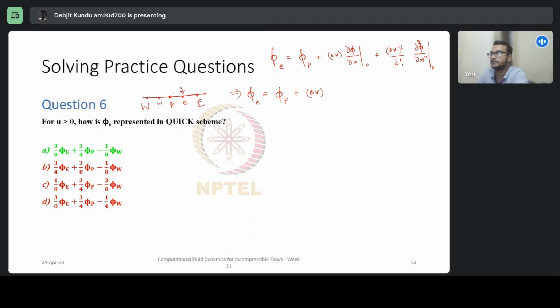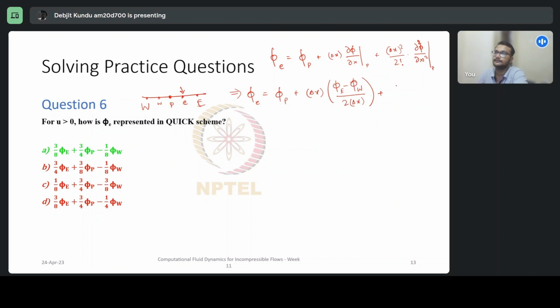For that we took phi p and all this. So dou phi dou x at P can be estimated as phi E minus phi W divided by 2 delta x, plus this thing over here.